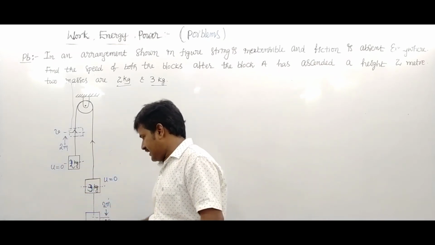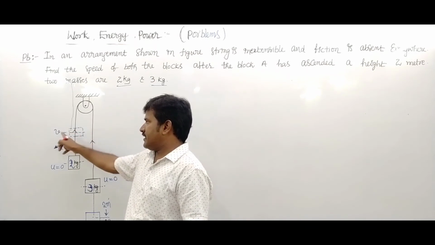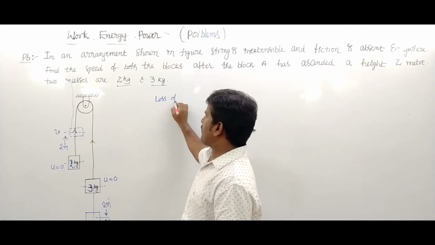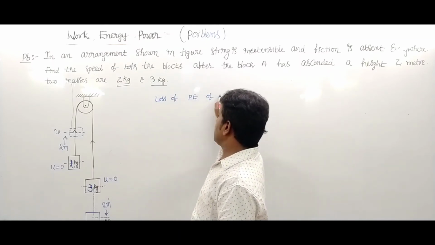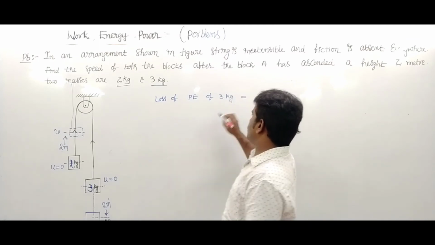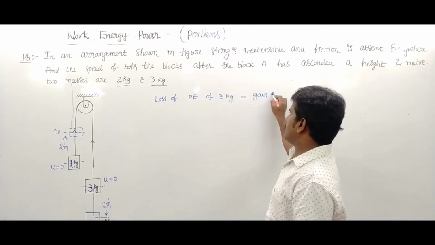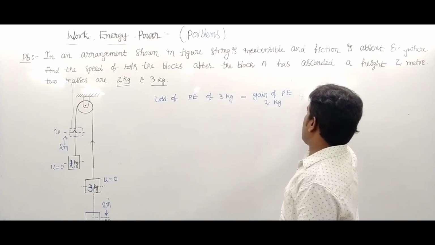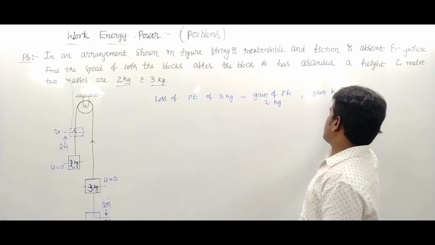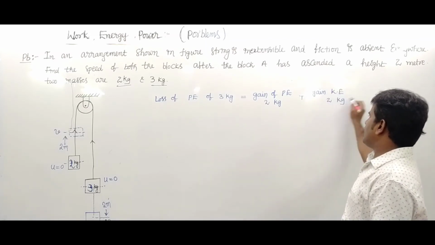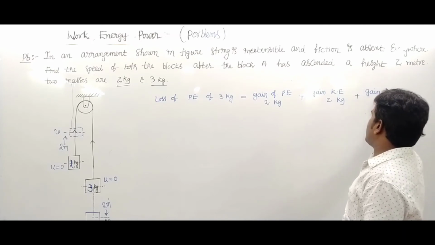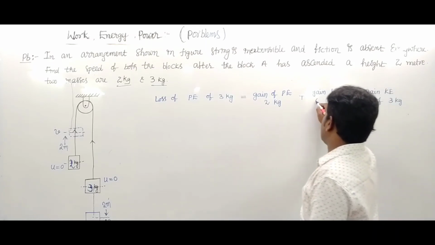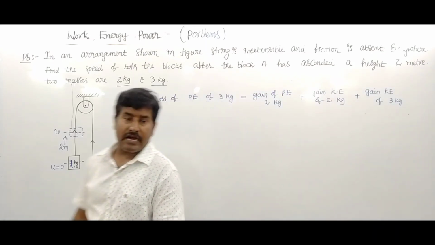When moving down it gets speed V, and when moving up it also gets speed V. So the loss of potential energy of the 3 kg equals the gain of potential energy of the 2 kg plus the gain of kinetic energy of the 2 kg and the gain of kinetic energy of the 3 kg.